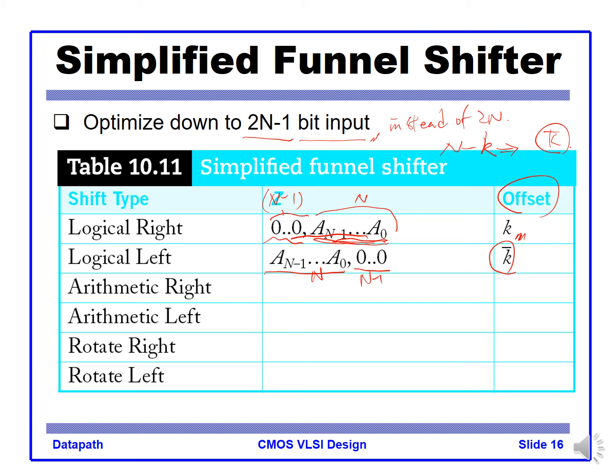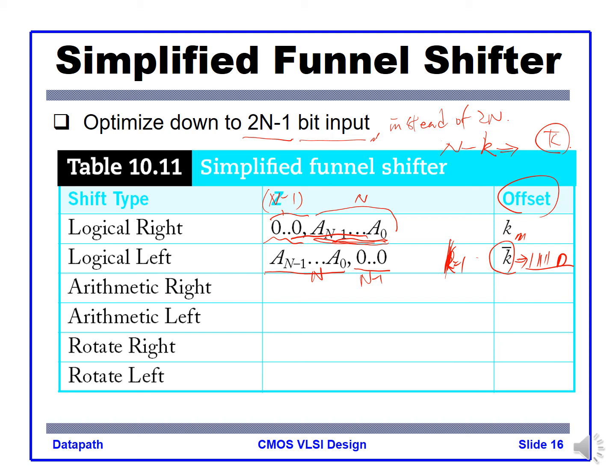If, for example, we have logical left by maximum, or the smallest one, let's say 1. If the logical left by 1, then offset becomes what? If k equals 1, then the k bar becomes 1 1 1 1 1 and 0.